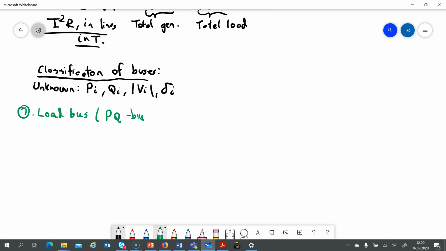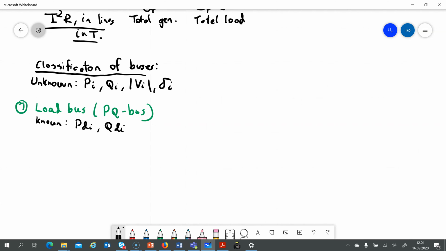In such a load bus, we typically know the demand of power, P_Di and Q_Di. Remember that this is typically used with a negative sign, drawn out of the bus.